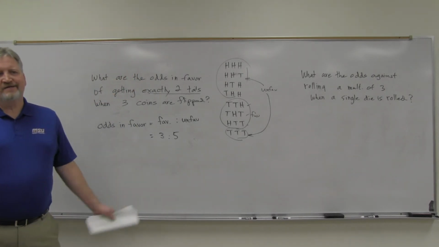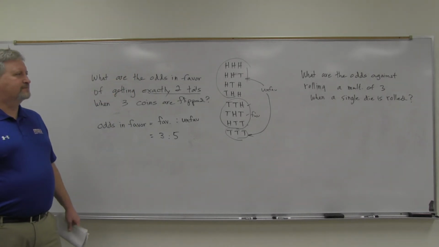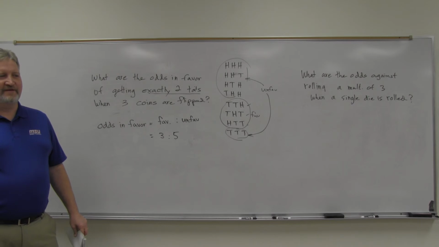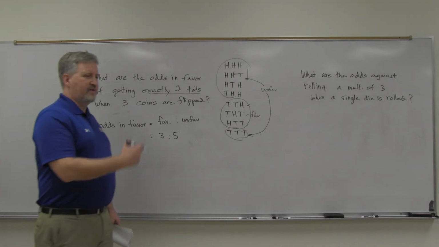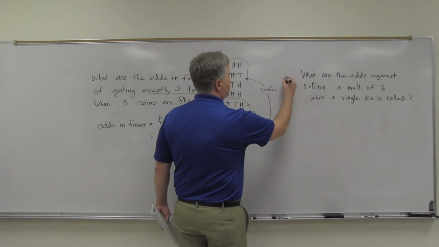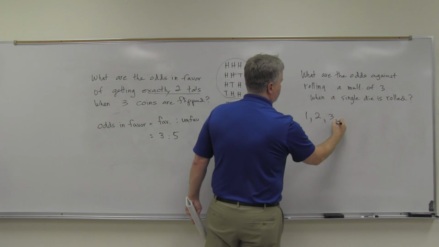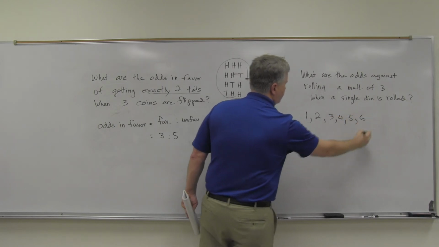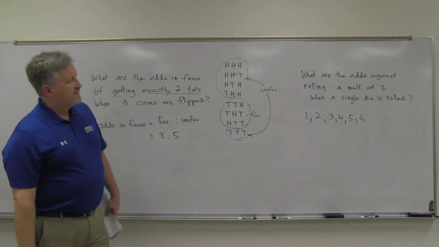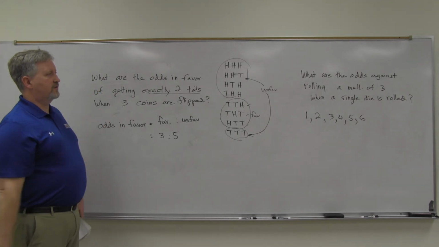Okay, so this is a much simpler outcome possibility here, isn't it? Because we're just rolling a single die. So rolling a single die, the possibilities we can get are 1 through 6, right? Now, we want the odds against rolling a multiple of 3.